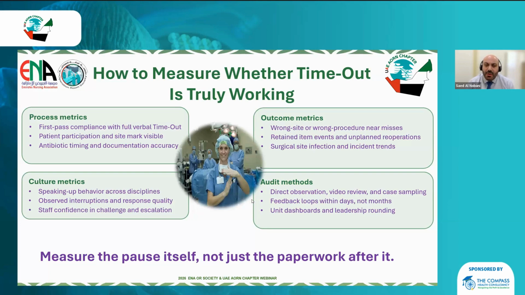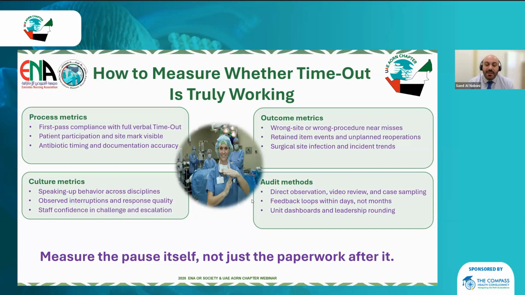Outcome metrics: wrong site or wrong procedure, and near misses need to be verified. And culture metrics: speaking up behavior across all disciplines. If you suspect that you have a problem, or that you are unable to do this procedure for some reason, speak up before the incision time.